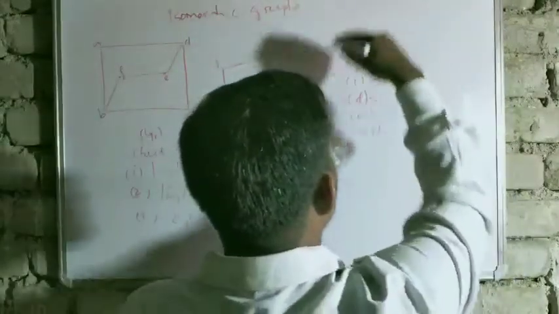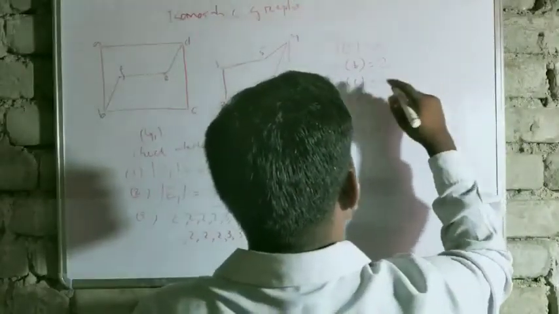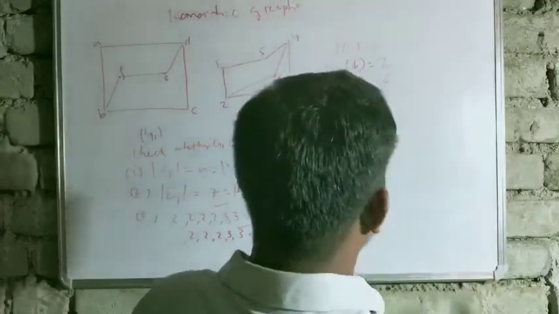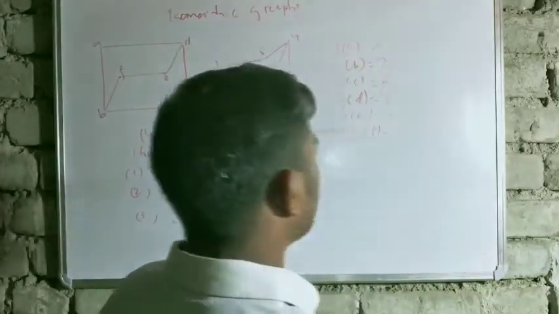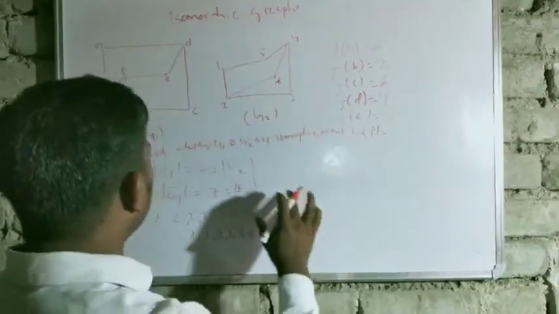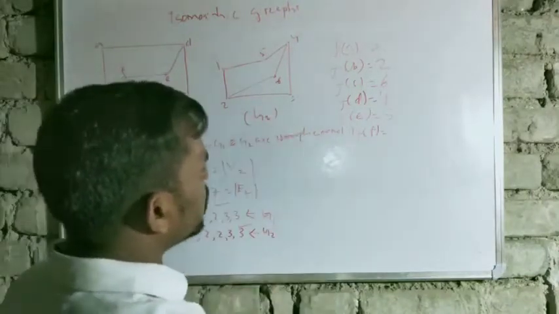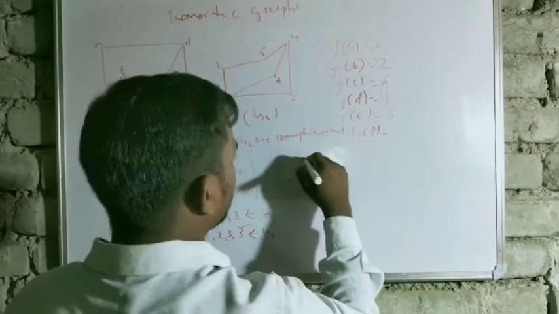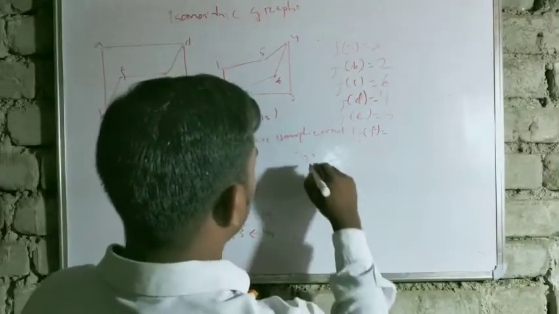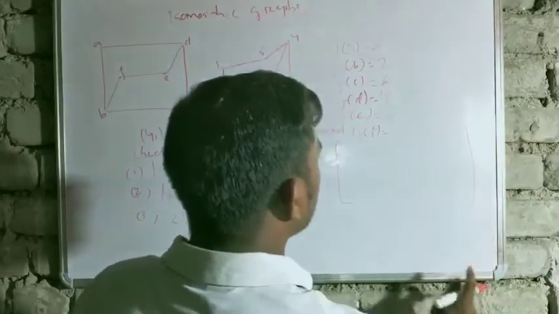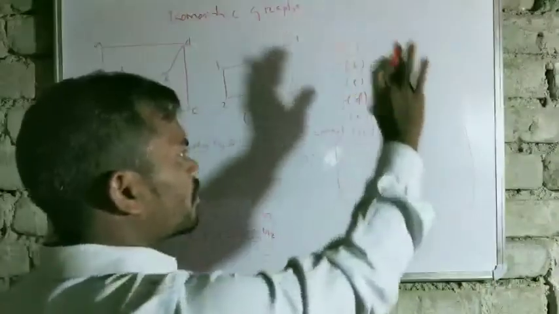Now this is my one-one correspondence map. If you want to check it, you have to find the adjacent matrices of G1 and G2.